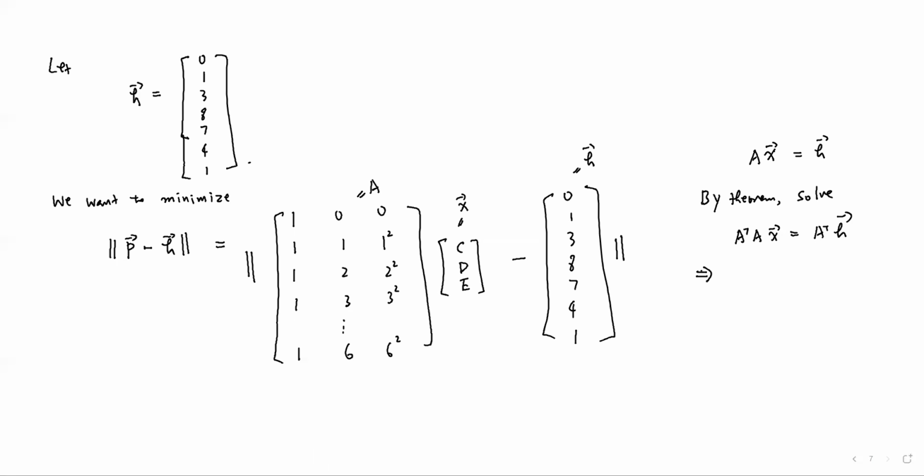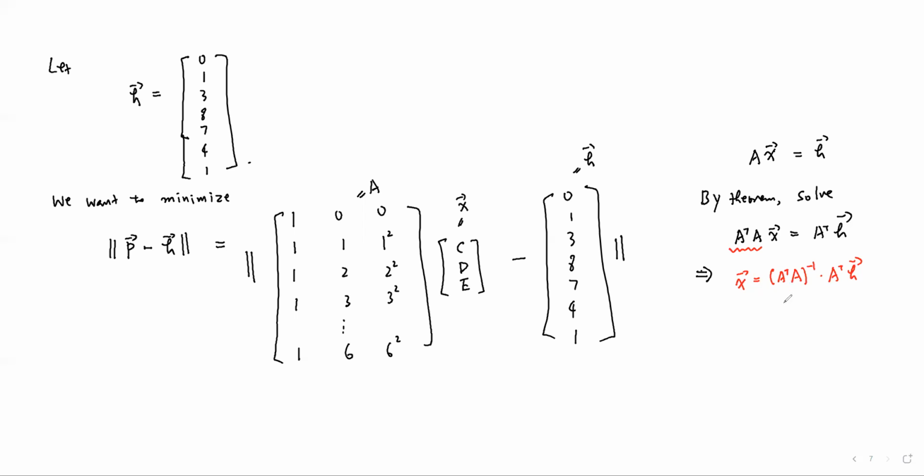Now I can move this matrix to the right side. The solution is this: A transpose A, then inverse, times A transpose. Assume this matrix is invertible; move it to the right-hand side.